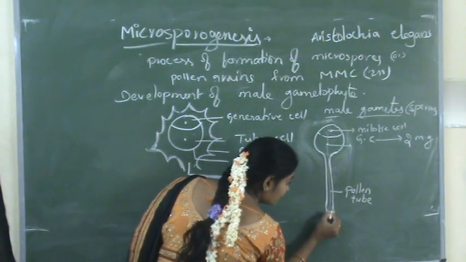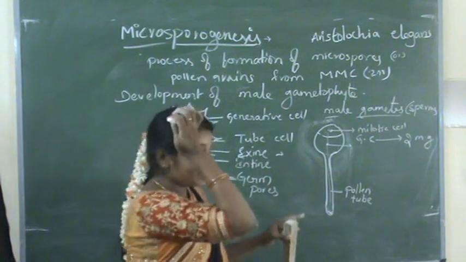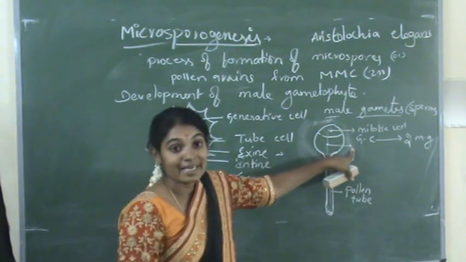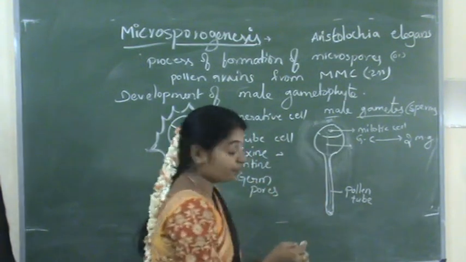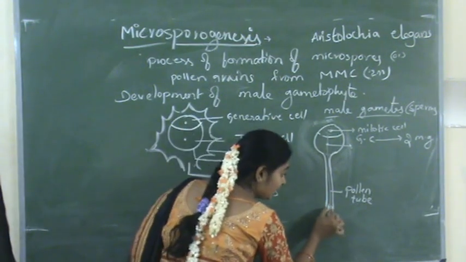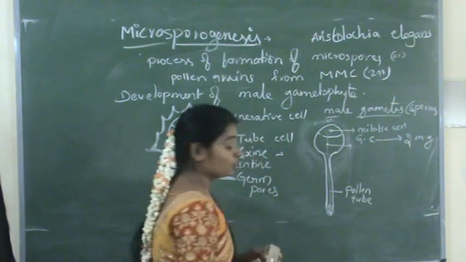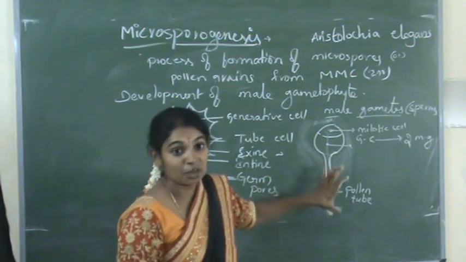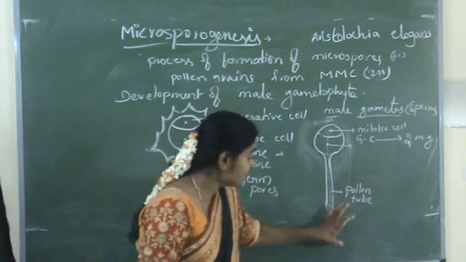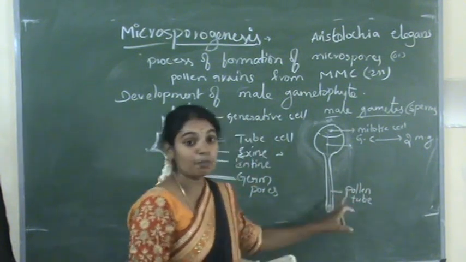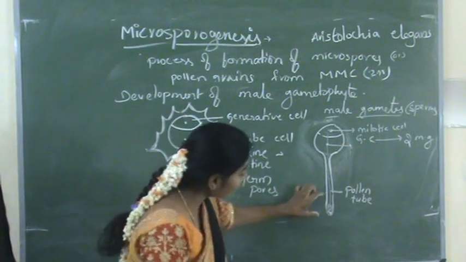At the tip of the pollen tube, the two male gametes are present, and the cytoplasm is confined to the tip of the pollen tube.